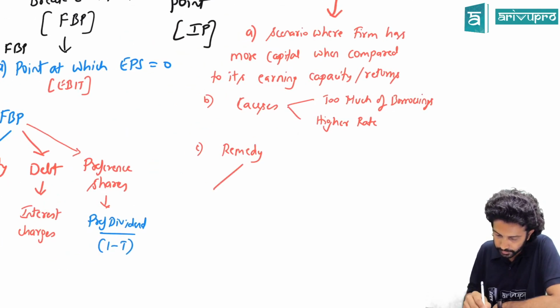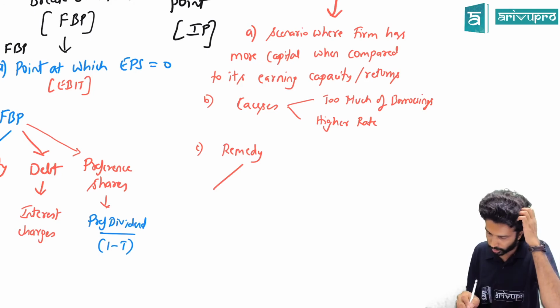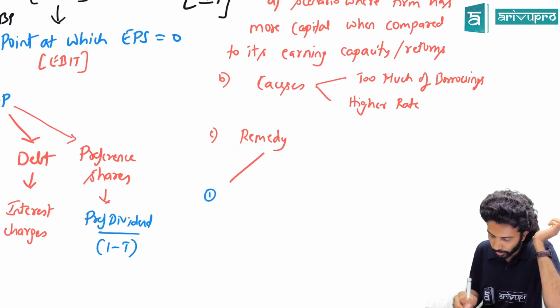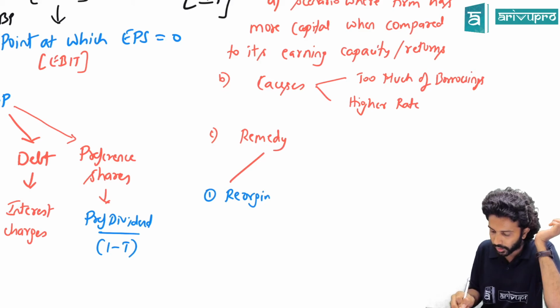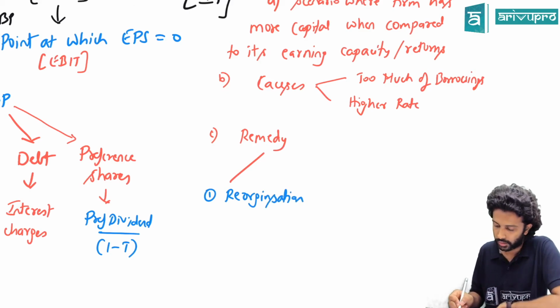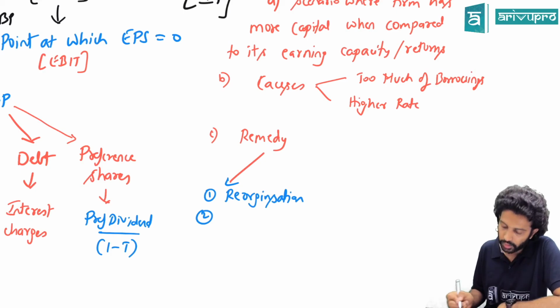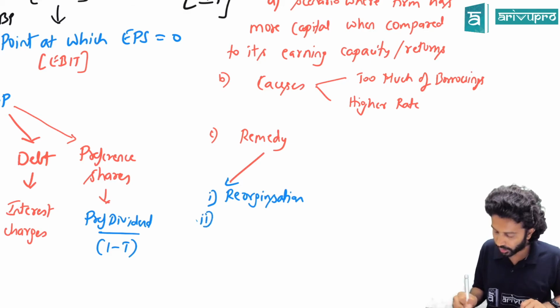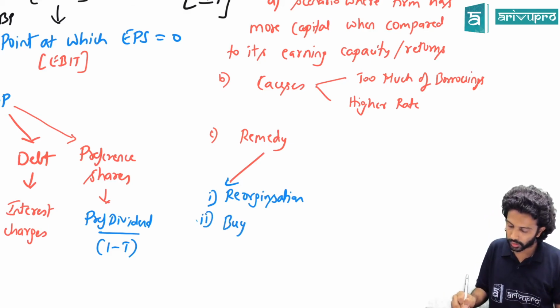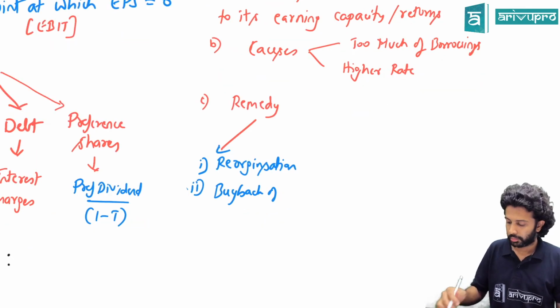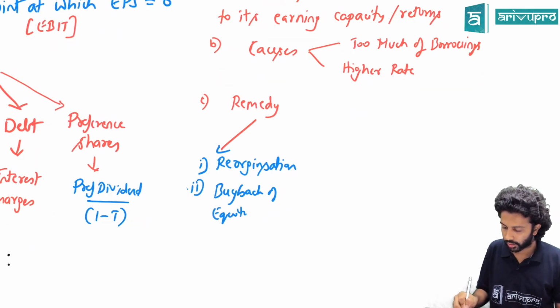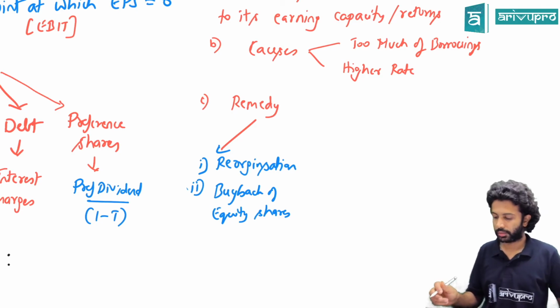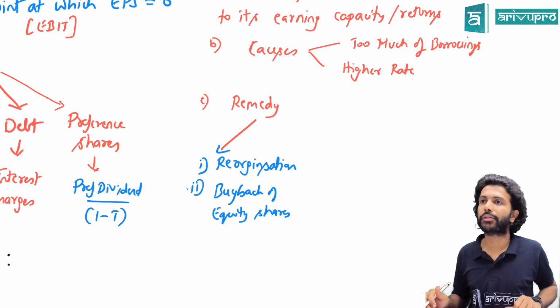Remedy is to go for reorganization, buyback of equity shares, and ask the shareholders, debenture holders, creditors, etc., to sacrifice their claims.